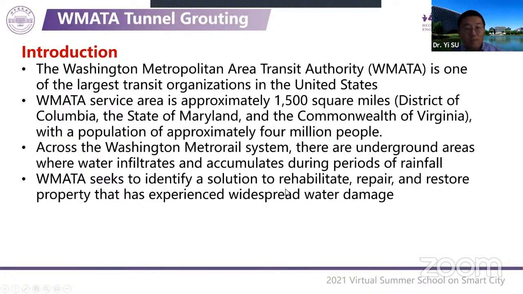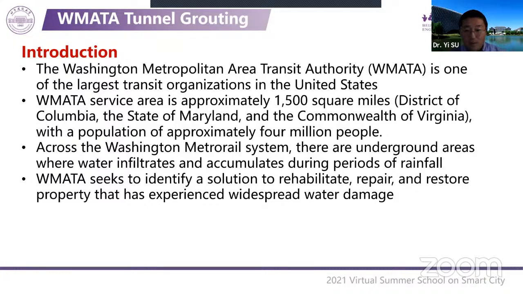The Washington Metropolitan Area Transit Authority is one of the largest transit organizations in the United States. The service area is approximately 1,500 square miles. It includes DC, Maryland, and Virginia, serving about 4 million people.